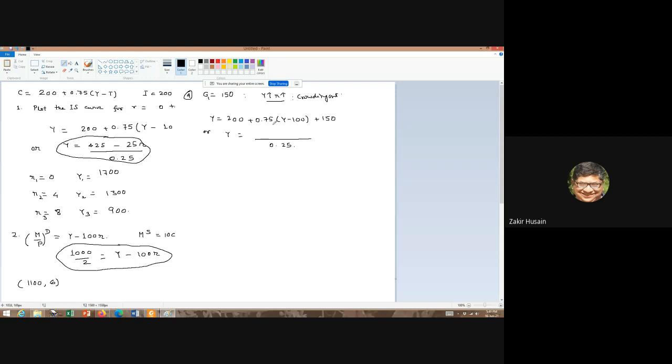Wait a minute. I think there's a mistake over here. I forgot, you have not written the investment part. It will be 475 minus 25R.